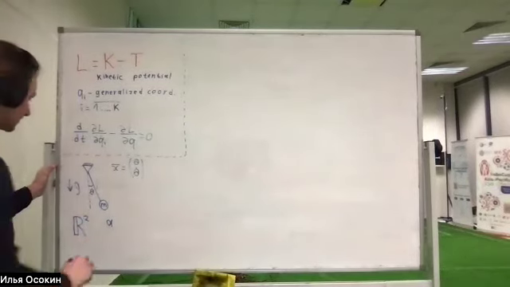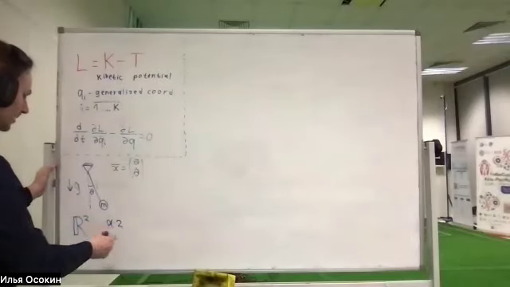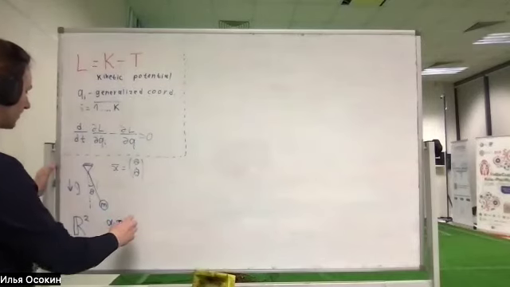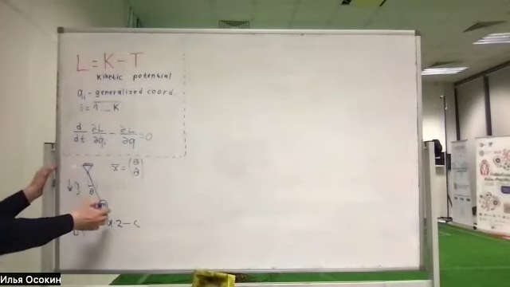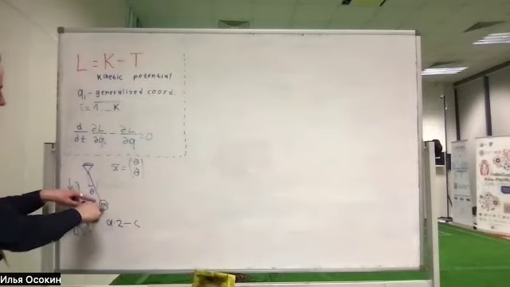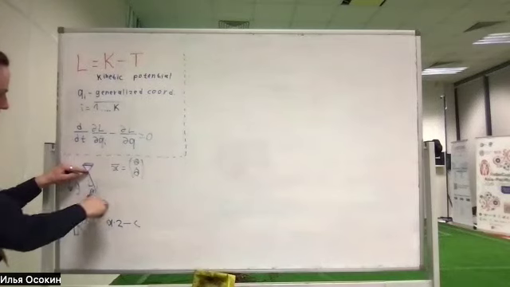If we have A particles, we have A times 2 coordinates, if there are no constraints. And then we will have to subtract the number of constraints. Here we have one constraint that says that the square root of the sum of squares of x and y is equal exactly to L, if 0 is here.